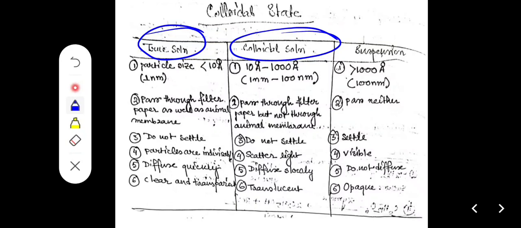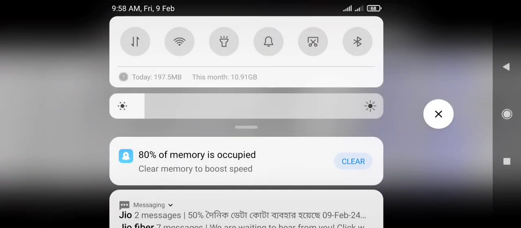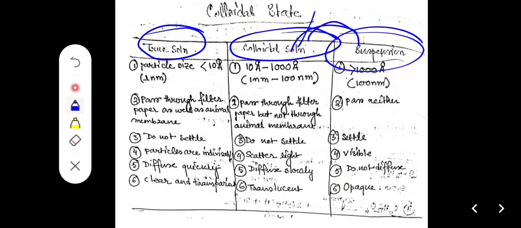Okay, that's suspension. The difference between colloidal and suspension solution is that in a colloidal solution the particles are smaller than suspension particles. In suspension the particles are much larger. Colloidal solution never settles down, but suspension settles.